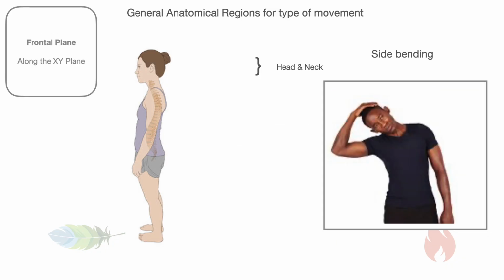Now, lastly, for the head and neck general region, there is side bending that is available. And the plane that movement is available on would be just called the frontal plane.